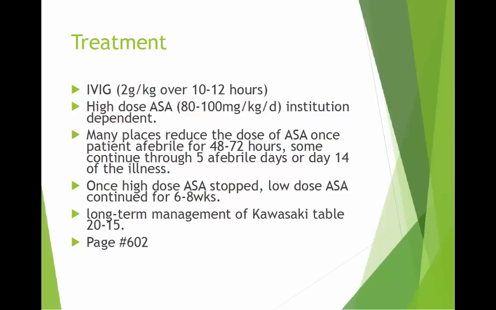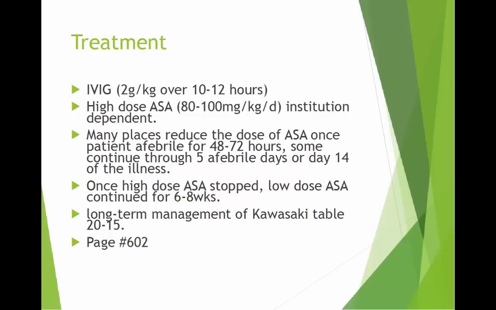The aspirin dose is reduced to 3 to 5 milligrams per kilogram when the febrile event has subsided. Most patients have a brisk response in the first 24 hours. A small fraction continues to be ill with fever for several days. After the child's symptoms have abated for 4 to 5 days, decrease the dose of aspirin.